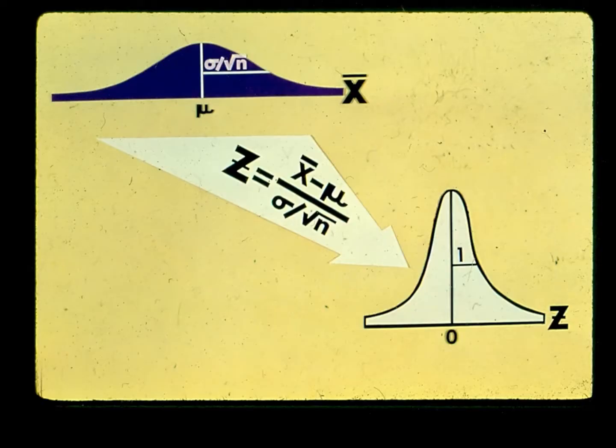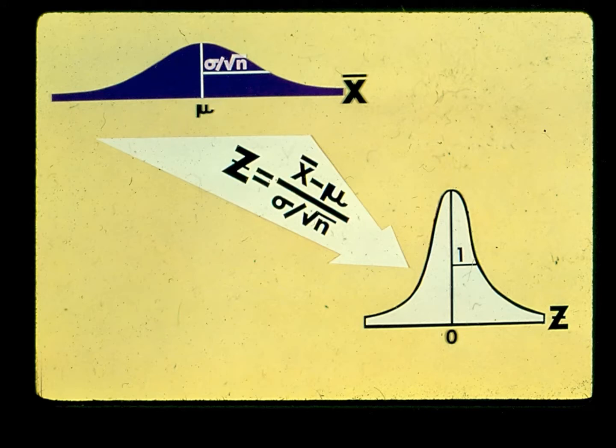Now, given that x bar has the normal distribution with mean mu, which is unknown, and standard error sigma over the square root of n, we can transform x bar to the standard normal or z-scale using the conversion formula shown in the arrow. That is, z is obtained by subtracting mu from x bar and then dividing the difference by the standard error.